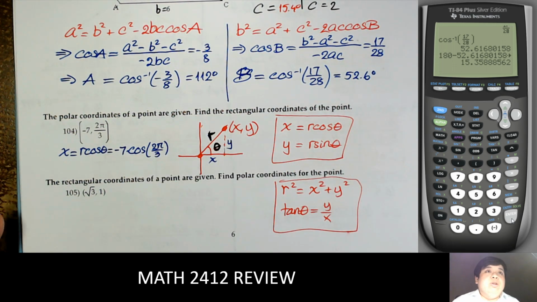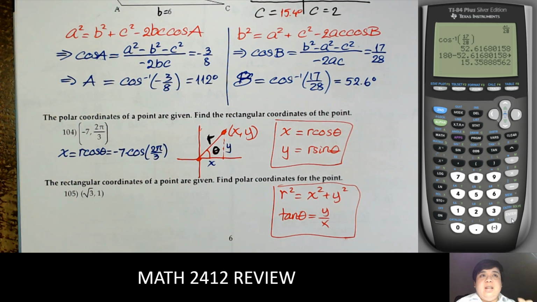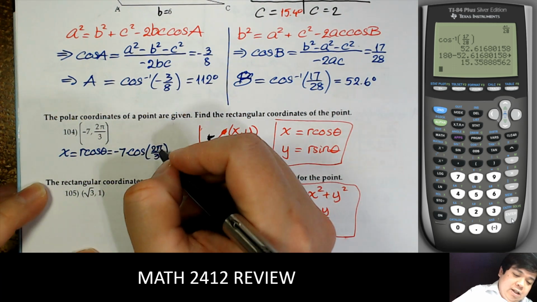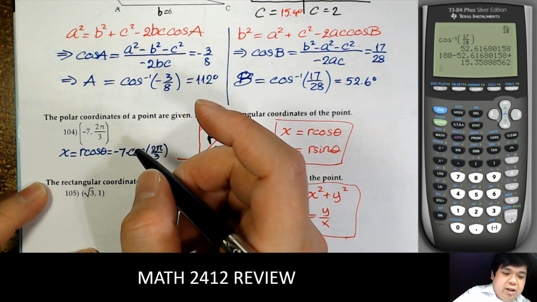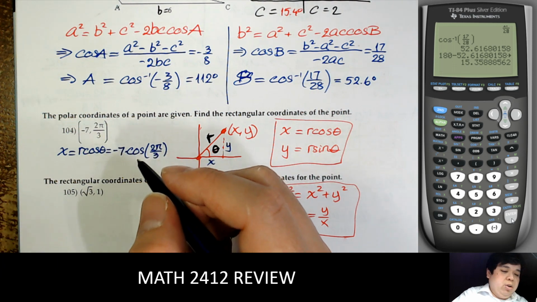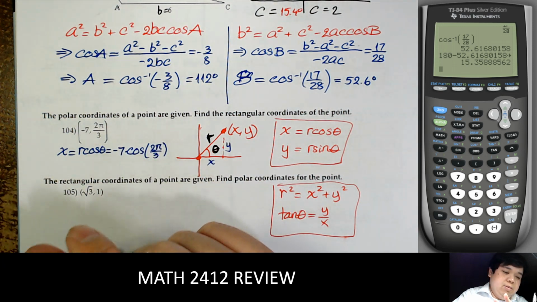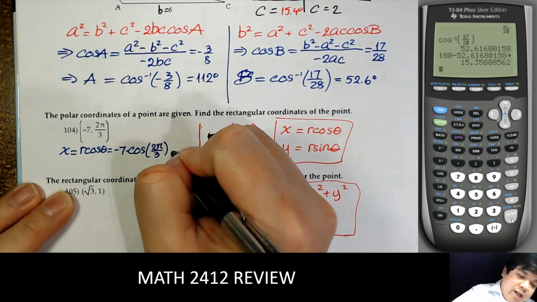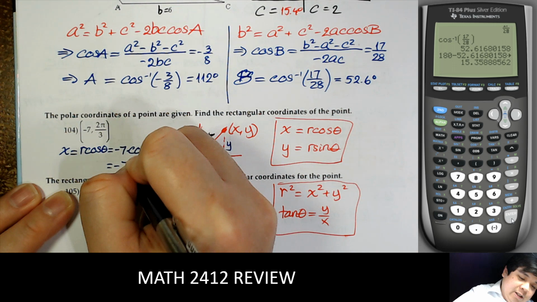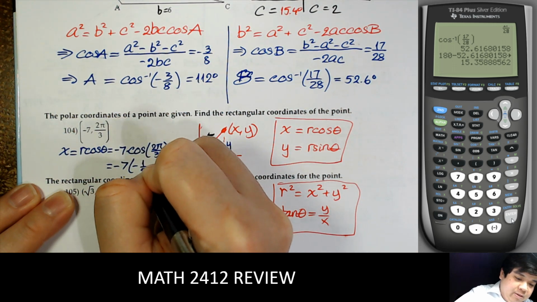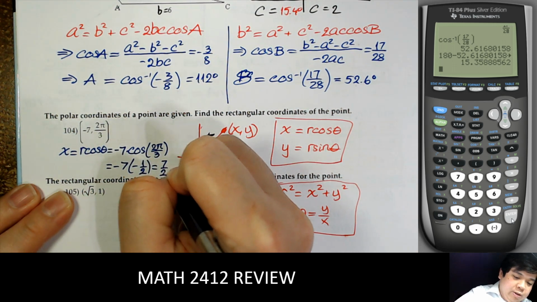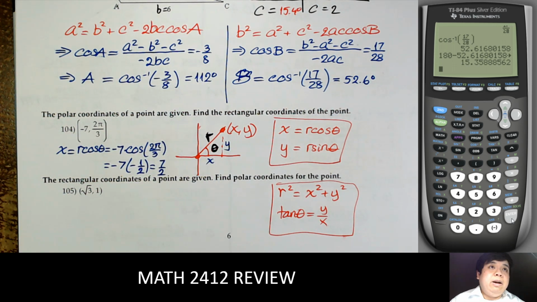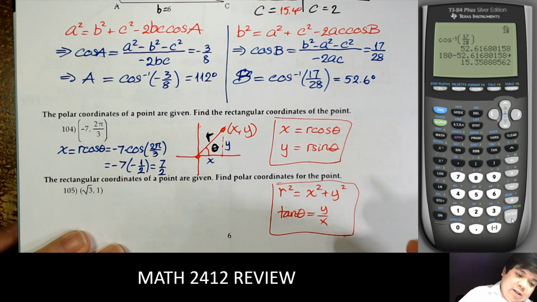Cosine of 2 pi over 3 is negative cosine pi over 3, which is negative 1/2. So negative 7 times negative 1/2 is 7/2. That is x.